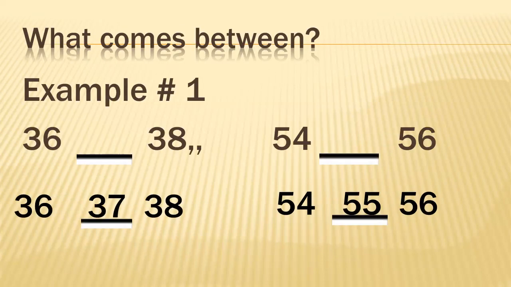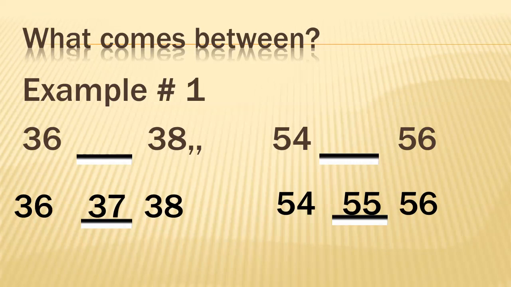In these numbers, we will write what number comes in between the numbers. These numbers are as same as after numbers. Here we have some examples in which what comes in between 36 and 38. The next one is what comes in between 54 and 56.